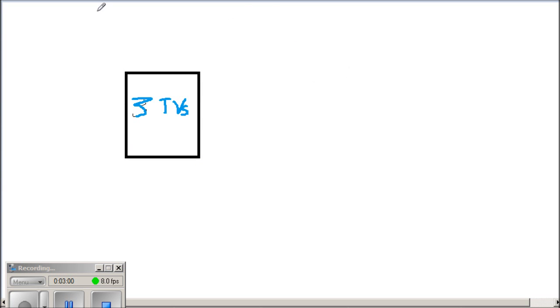So to make a crude analogy, we could talk about a sports bar. So you could have a sports bar with 3 TVs. And you could have another sports bar with, let's say, 10 TVs.